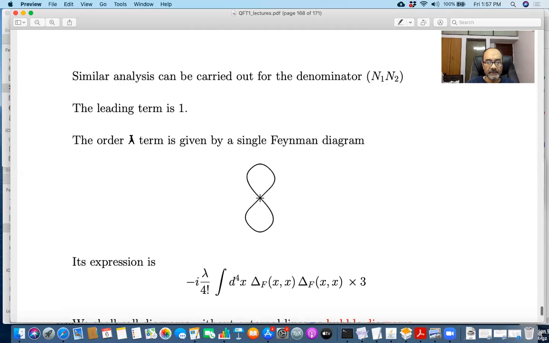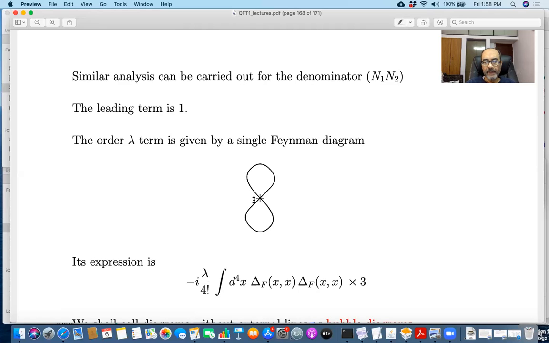And to order lambda, there is a single unique Feynman diagram, and you can calculate this. Minus i lambda over 4 factorial is there because of the single vertex. There's an integral over x as usual, and we have two propagators, each of which is delta F xx. It starts from x and goes back to x. So delta F xx times delta F xx.